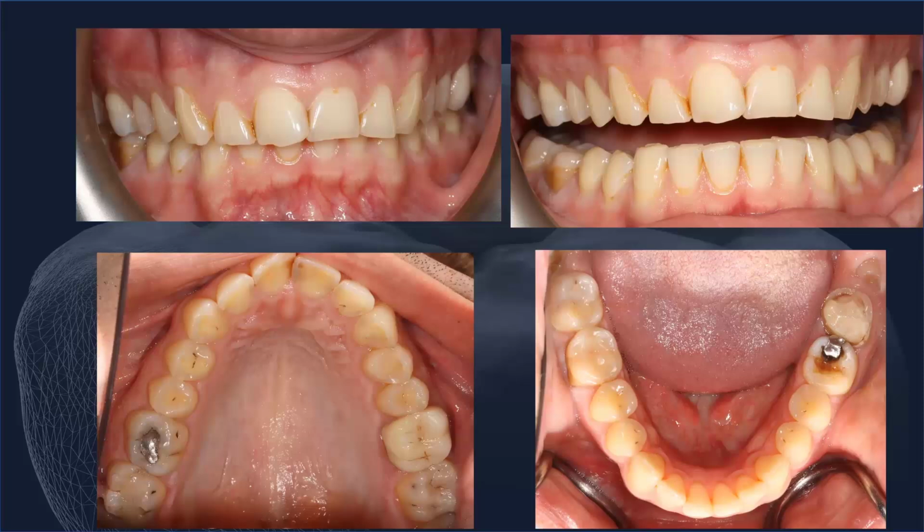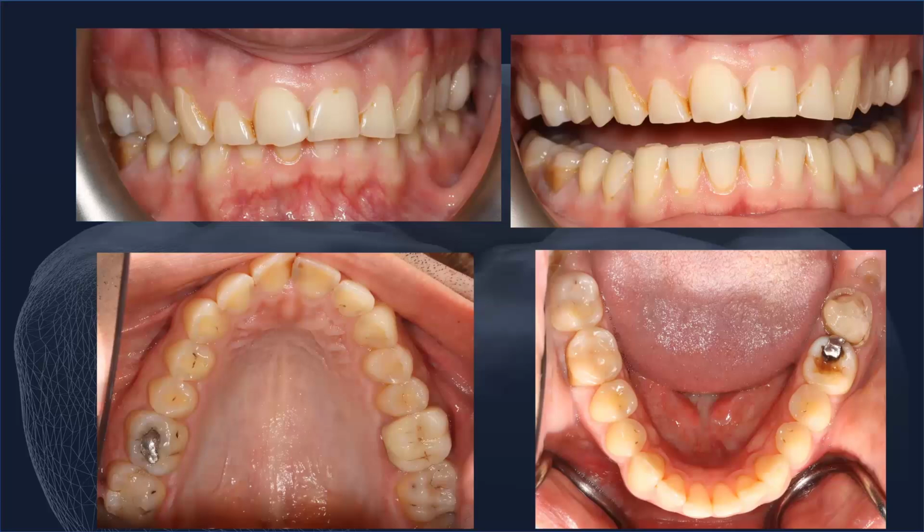Obviously, it will all depend on the diagnostic wax-up. But nonetheless, this case is a full mouth reconstruction case. And this case was treated with orthodontic treatment and direct composite for full mouth reconstruction. But again, when you see this case, initially, sometimes you think, oh, I'm not sure whether this needs a full mouth reconstruction.